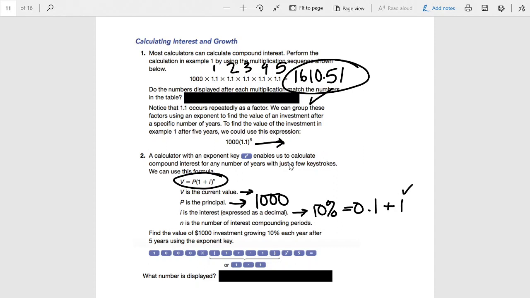That represents that 100% that we begin with, that we're adding that 10% to each time. And n, our exponent, is how many periods we are going through with that interest. In this case, we're talking about years, so we have 5 years worth of interest. Okay, and that interest compounds each year.